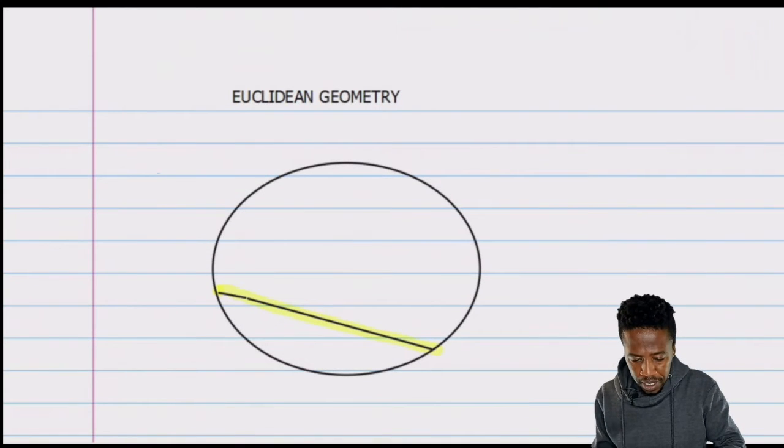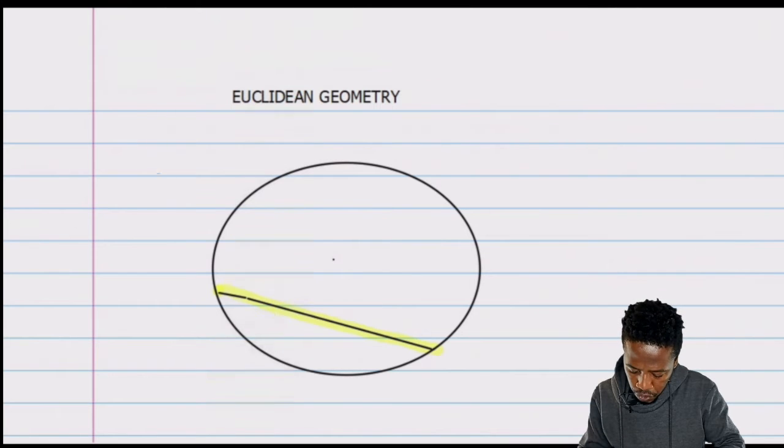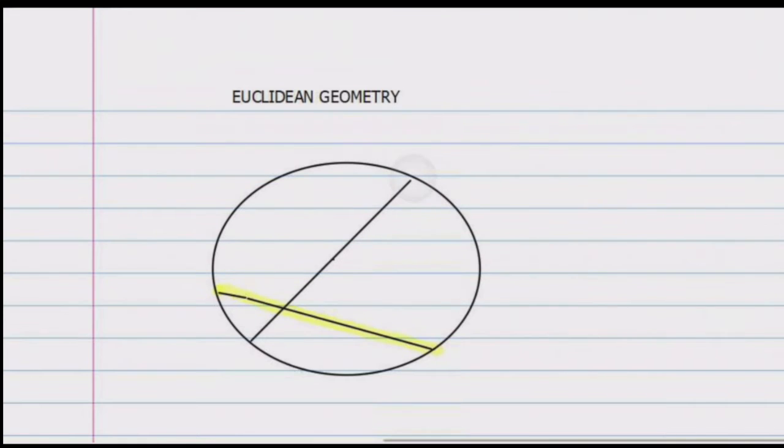And then if this is my center, doesn't look much of a center, but let's take it as my center, and then I have a line that passes through my center, this line would be my diameter. And let's say I have a line that joins the center of a circle to a point in a circle.